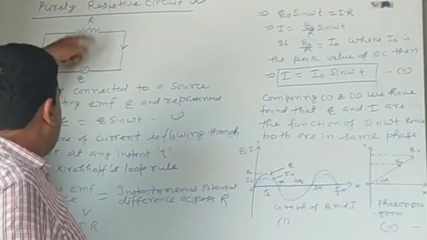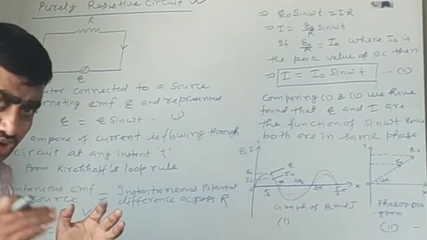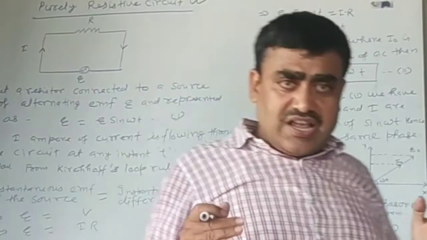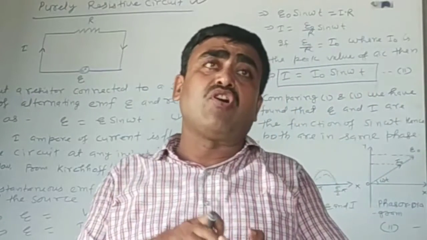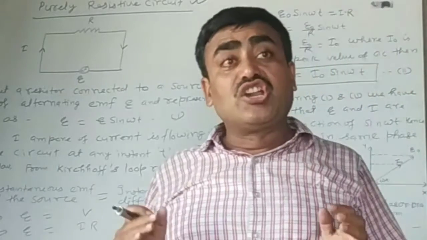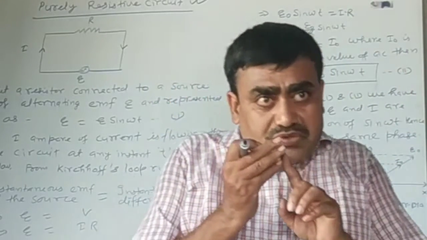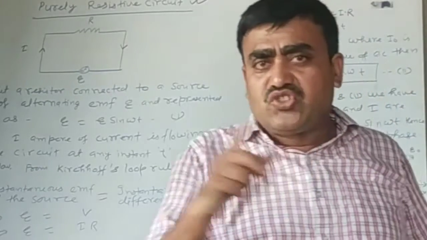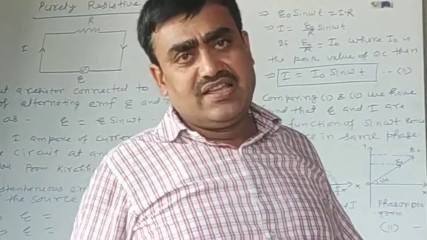Here it is a closed circuit. In electric current, you have already learnt Kirchhoff's laws. Kirchhoff has given two laws, KCL and KVL.